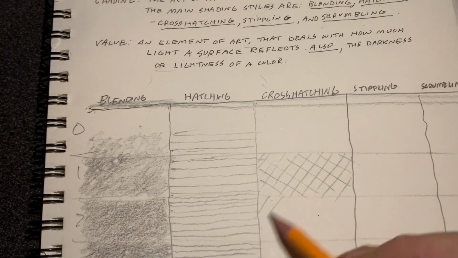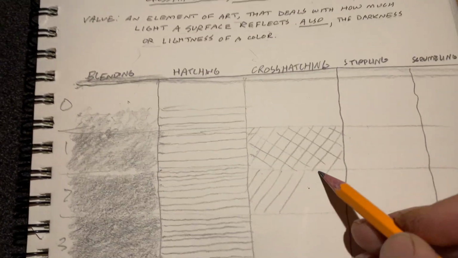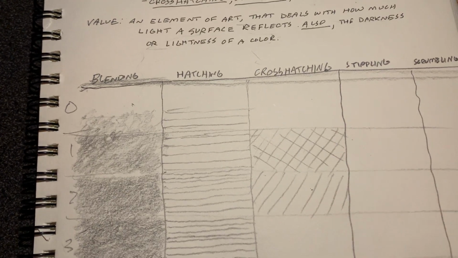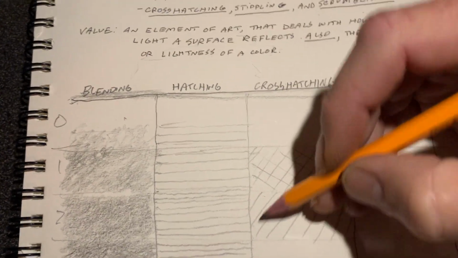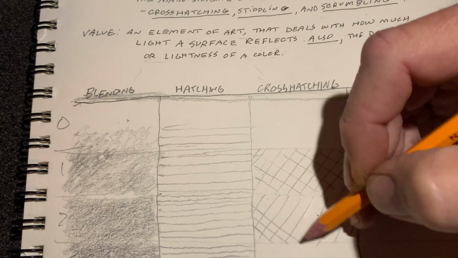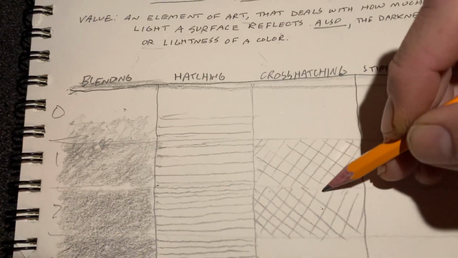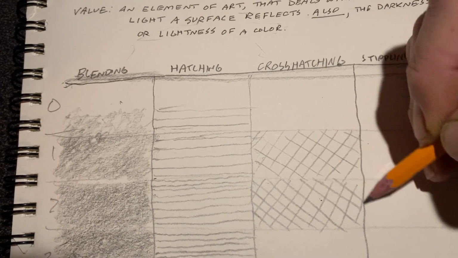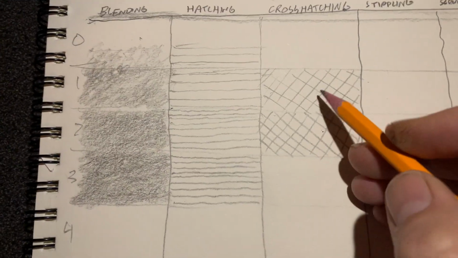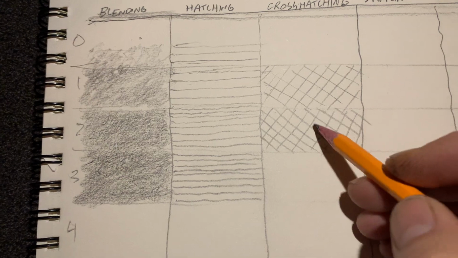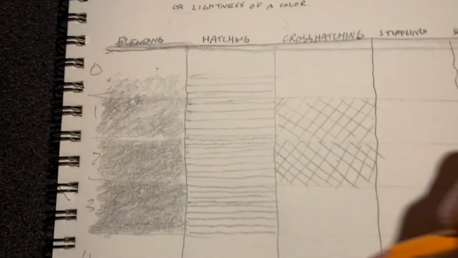So in here, this is my second one. I'm going to put those cross lines again. But this time I'm going to add a few more lines going this way. See, now that looks a little bit like it's darker than that because there's more lines.